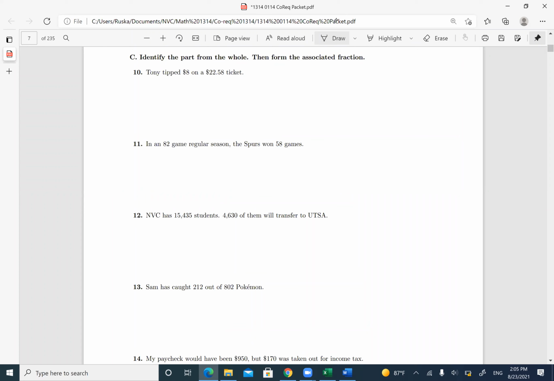So what does that mean? Does it mean that $8 is the part and the whole number is 22.58, so you would do 8 over $22.58. Good job. Good job.